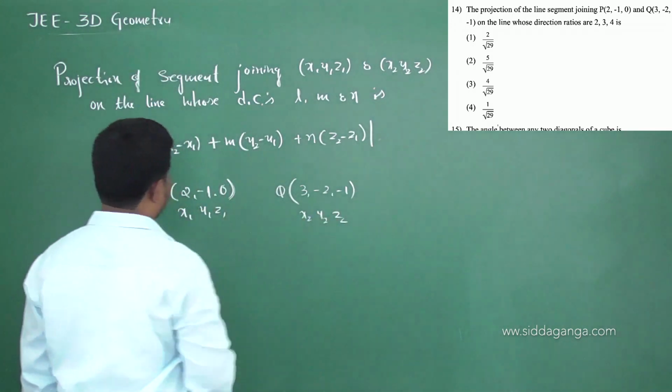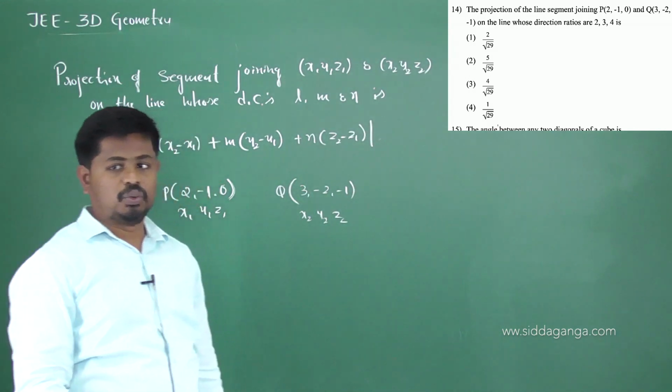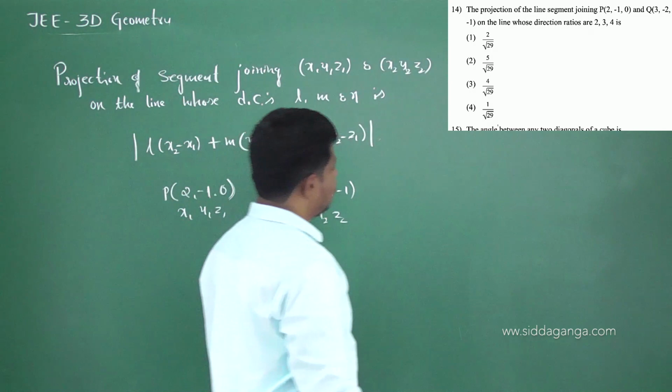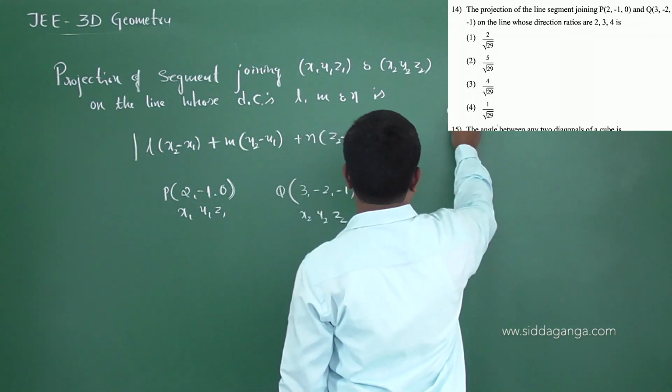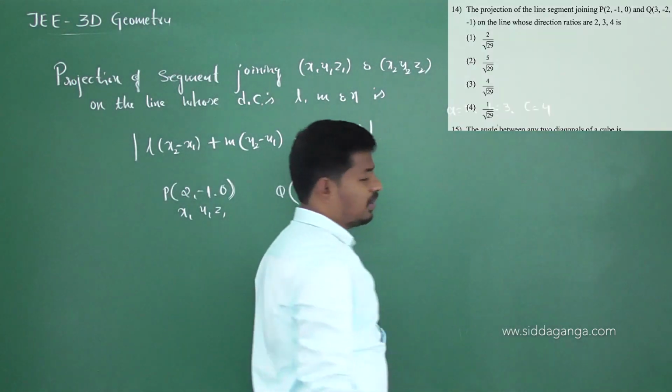We have the points, but in the question we have ratios instead of cosines: 2, 3, 4. We know how to find cosines using ratios. a is 2, b is 3, c is 4.